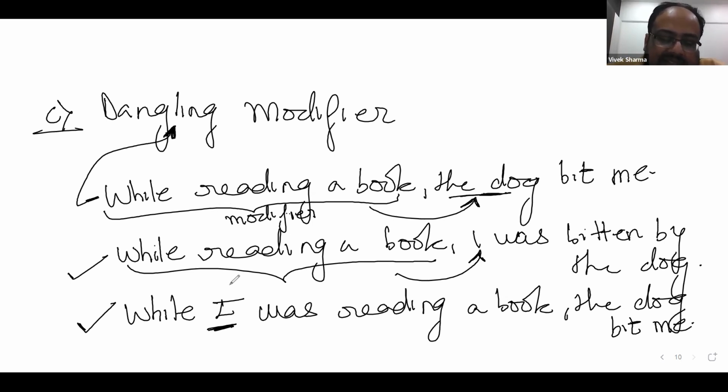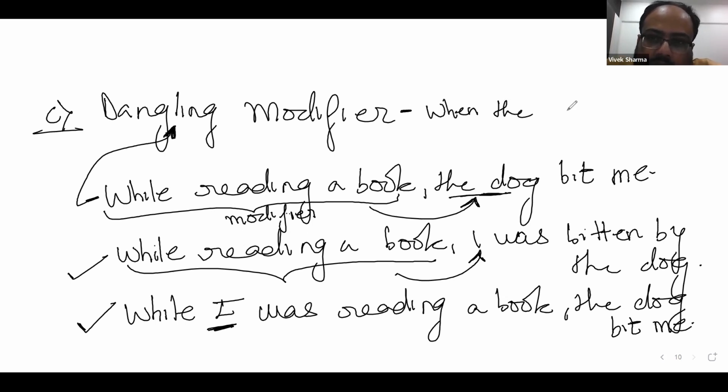From the perspective of this example, let me define the concept of a dangling modifier. I'll define it in a way that differentiates it from a misplaced modifier, and this is just for understanding purposes.